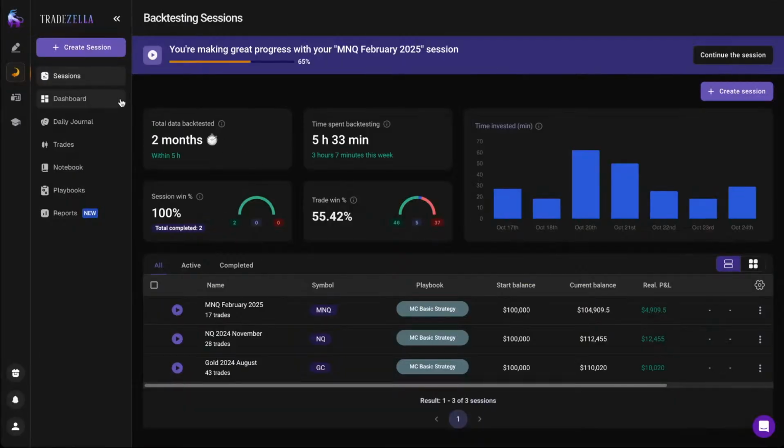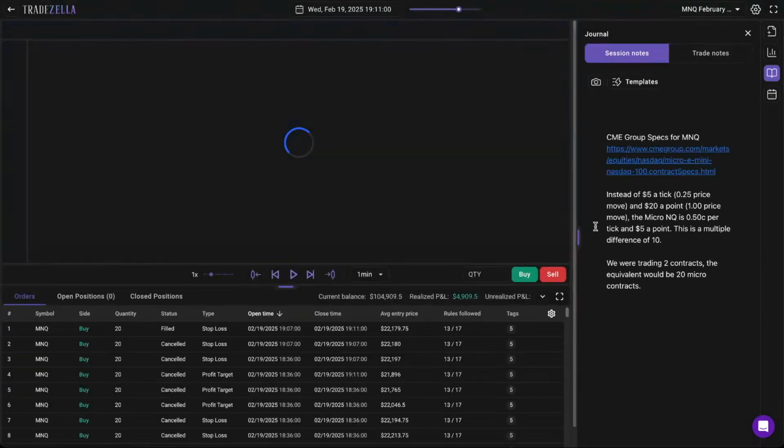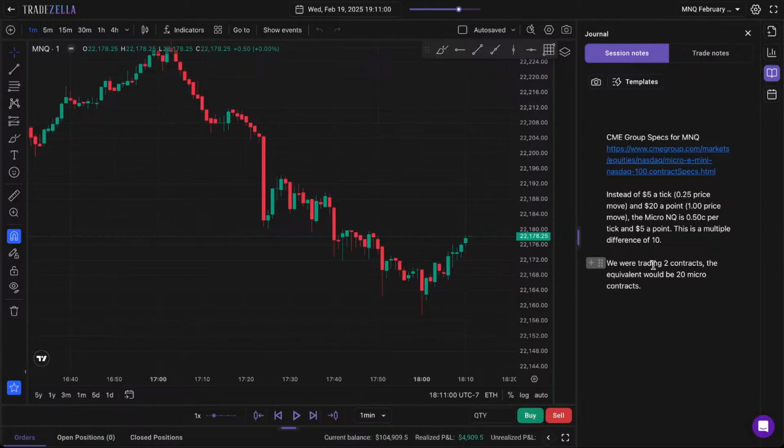We got to address something here real quick. This whole series, I can't believe it. This is supposed to say $2. The Micro Mini NQ, which is basically Micro NQ.